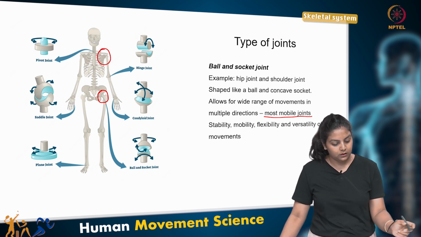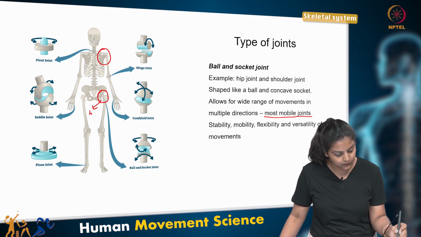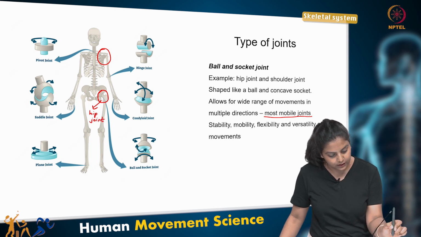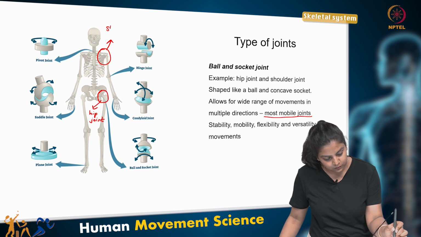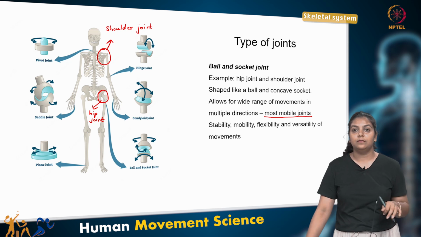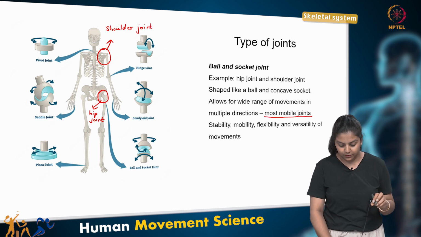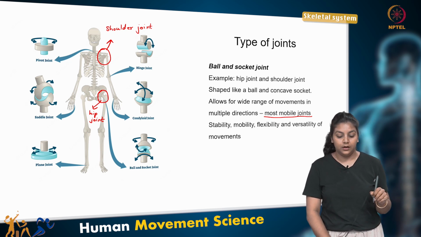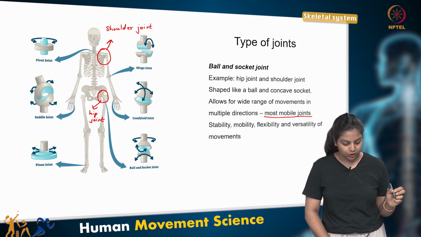So your hip joint, that's the hip joint, and your shoulder joint, right. So they provide stability, mobility, flexibility, and they are quite versatile as they provide wide range of movements.